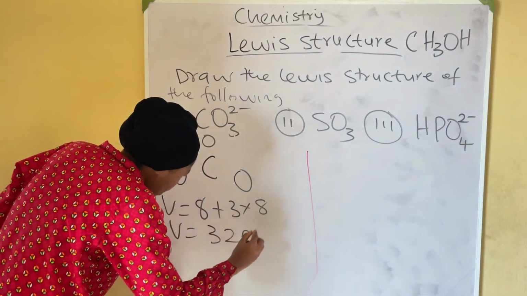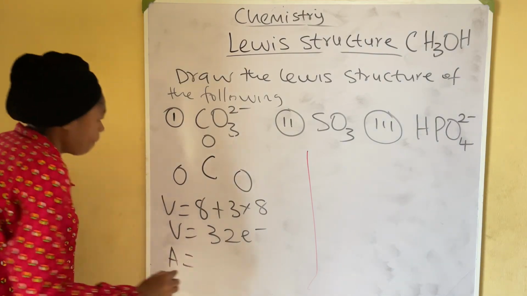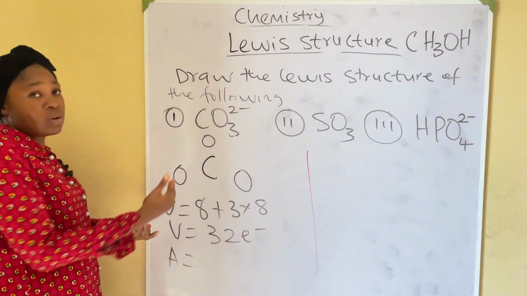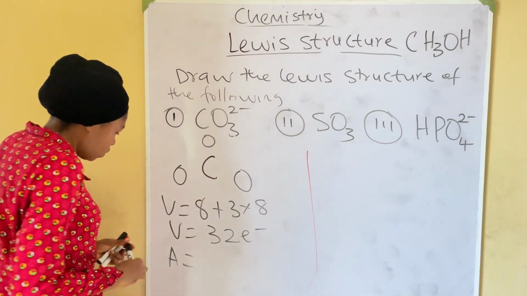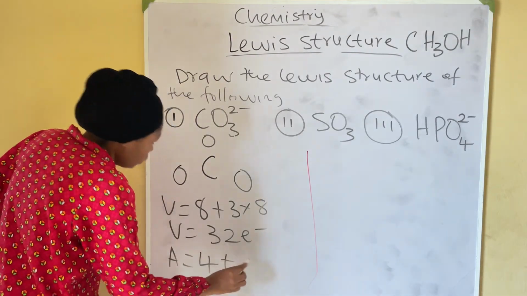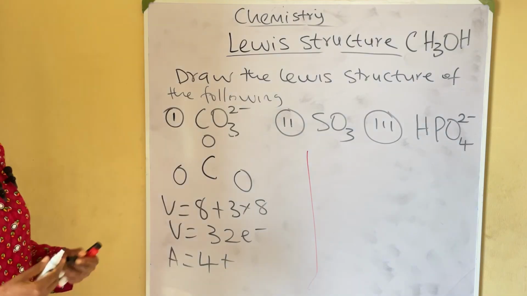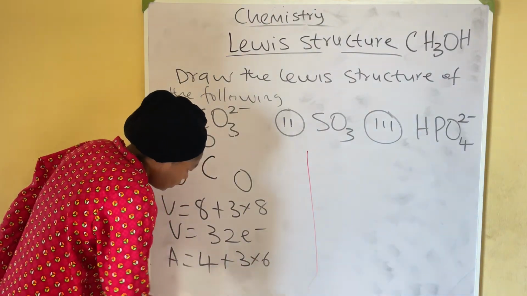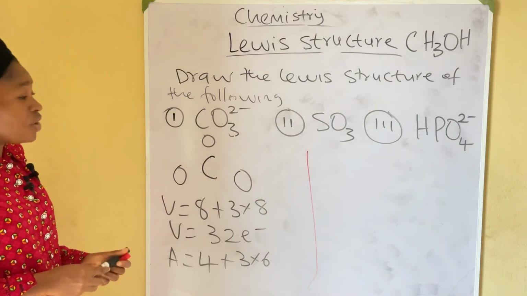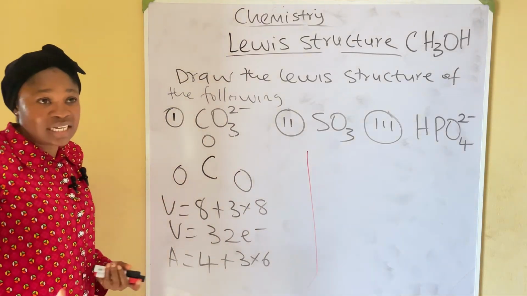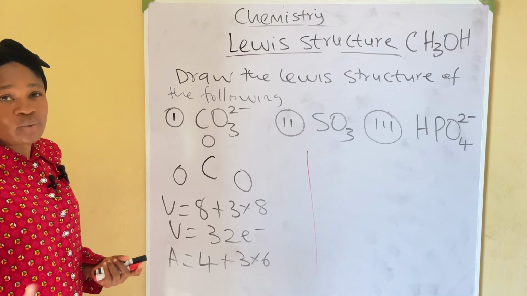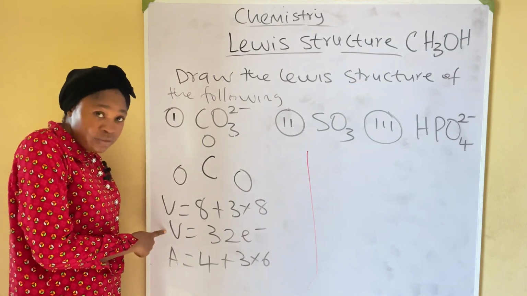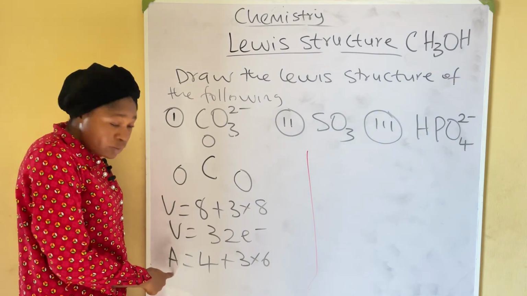What about A? A is the available valence electrons. The valence electron for carbon is 4. What's the available valence electron for oxygen? It is 6, but I have 3 atoms, so 3 times 6. Remember, when it comes to the charge, whether you add or subtract the charge on the molecule, you do it on the available electrons. Never add or subtract on V. It must be the available electrons.